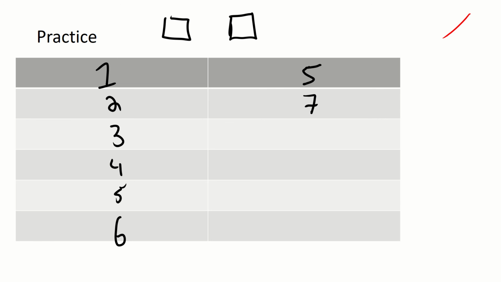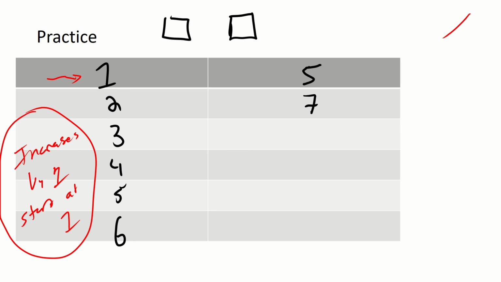So we have our inputs, and it goes in, increases by 1, starting at 1. For each question, guys, you want to find the input pattern, the output pattern, and our input to output pattern.